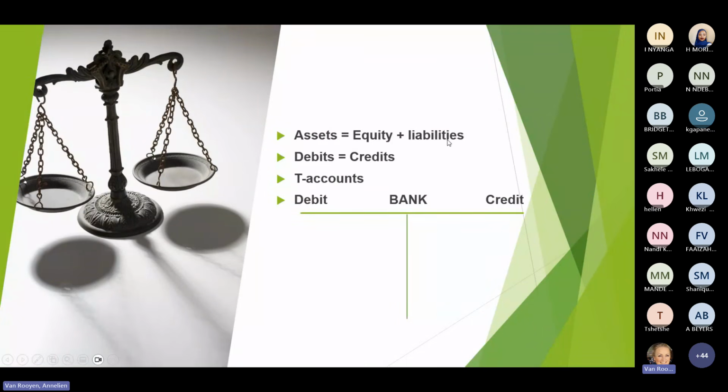You've practiced that now quite often. Debits always needs to balance with your credits, and where the terminology T account comes from, it is literally a T account, and we've got debits and credits in that manner. So just keep that in mind.